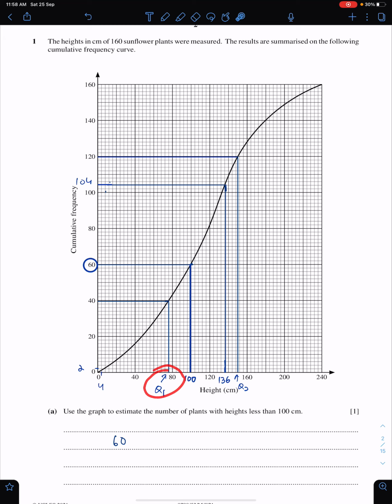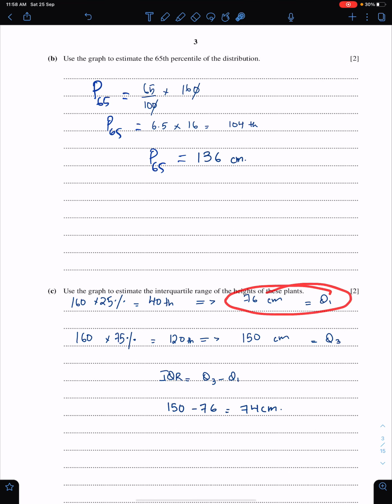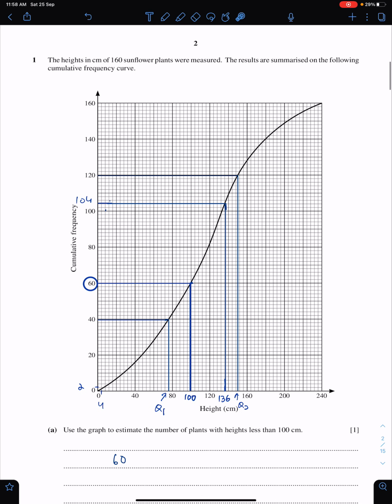So Q1 is 76. For Q3, we need to find 75% of the 160th observation, which is the 120th observation. So the 120th observation is 150. This is 150, and this is Q3.